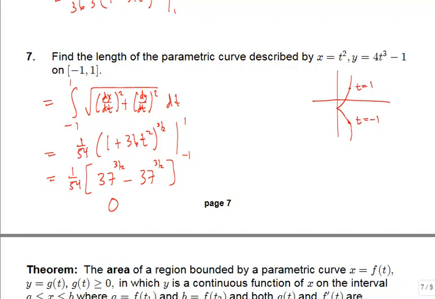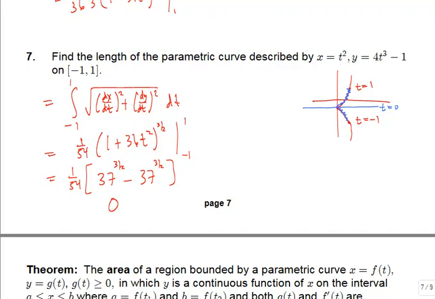But if we use a little bit of the symmetry of this graph and realize that this arc length here should not be 0 because that's definitely got a distance to it. This answer of 0 can't be correct. So how can we fix this? Well, instead of going from -1 to 1, since we have some nice symmetry here, this point right here is when t is 0, because that's going to give you an x value of 0 and a y value of -1.